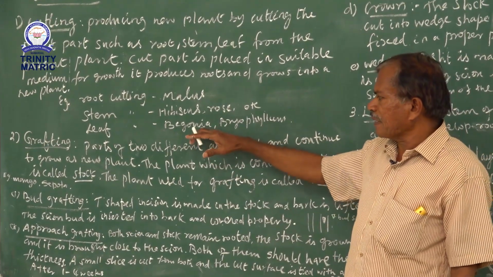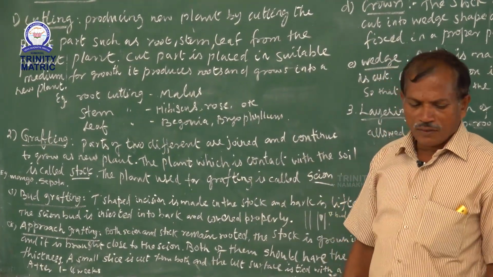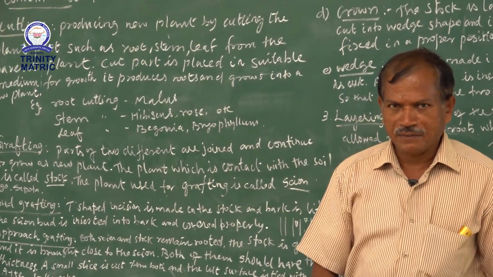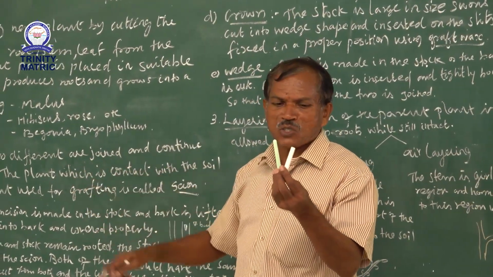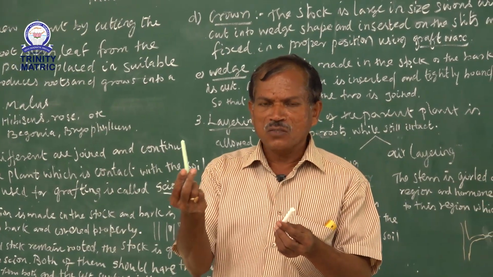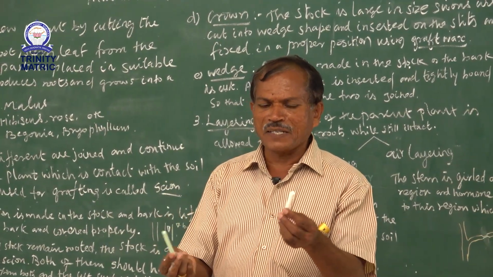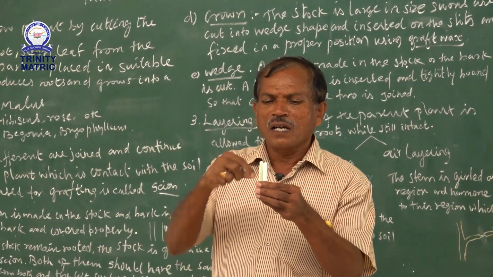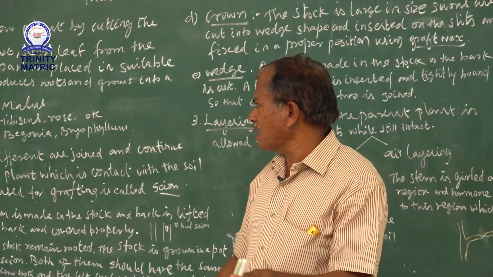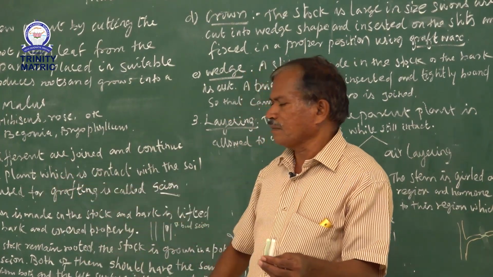Then next is grafting. Grafting is a technique in which two different plants are joined. This is one plant, this is another plant. These two different varieties are joined together and produce a young one. This is called the grafting method.